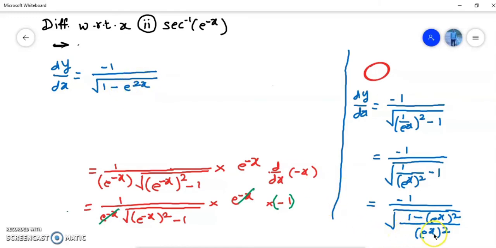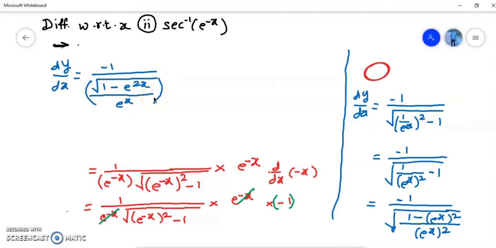And this whole divided by (e raised to x) square is in the root. So root of (e raised to x) whole square is just e raised to x. So whole divided by root separated e raised to x. This is what you have in the answer.